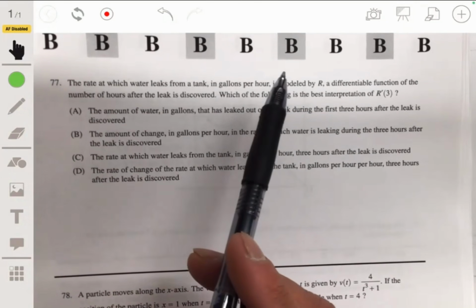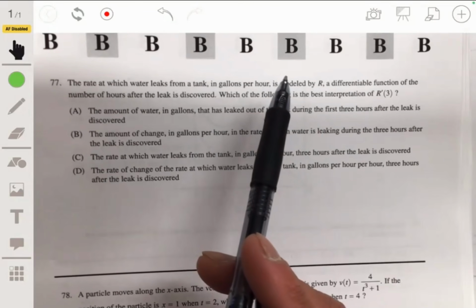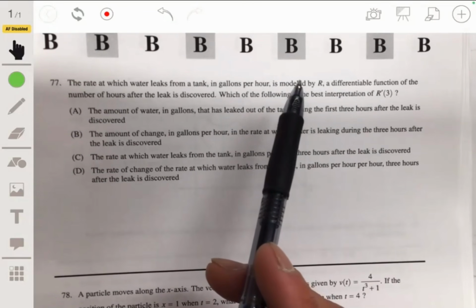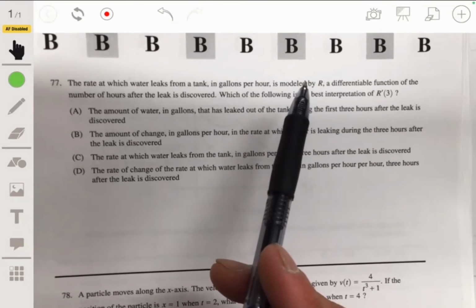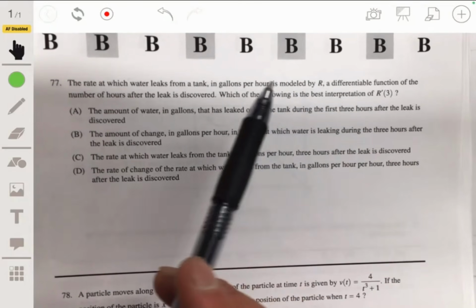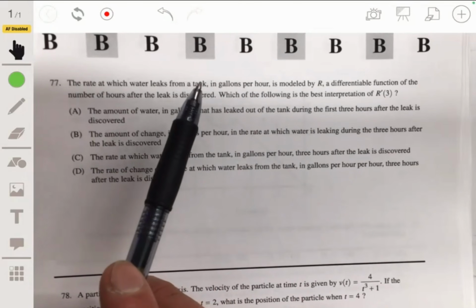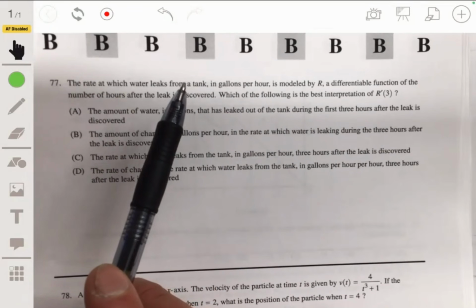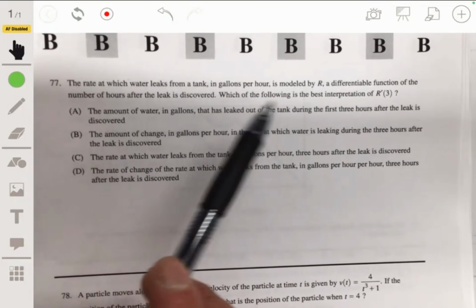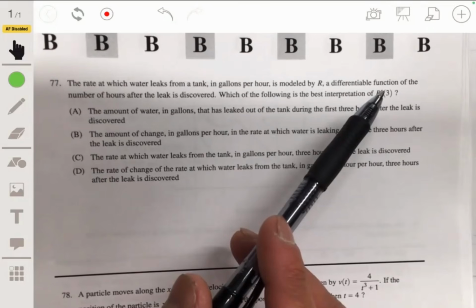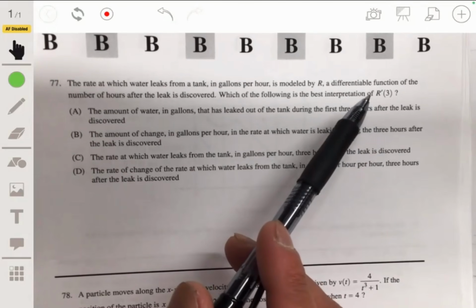So R prime would be like the rate of the rate. Think of R as velocity, and R prime as acceleration. So R prime is basically going to talk about how fast the rate of water leaking is changing at time equals 3, which is 3 hours.